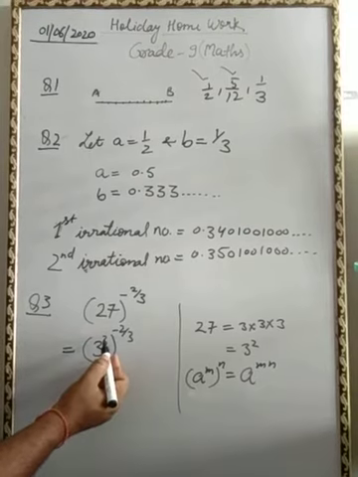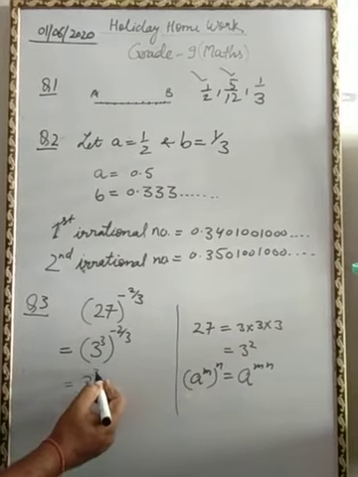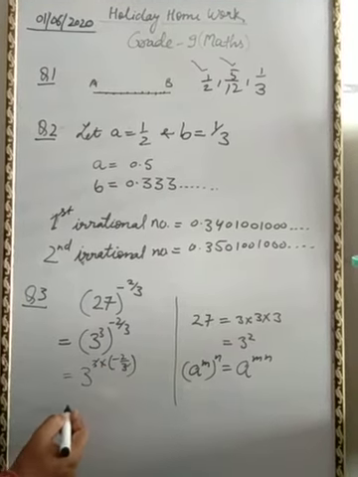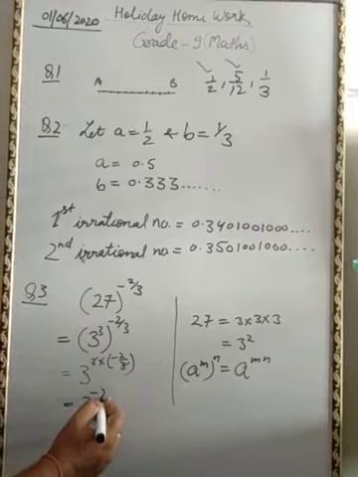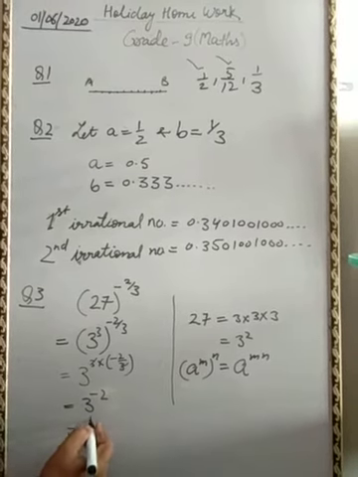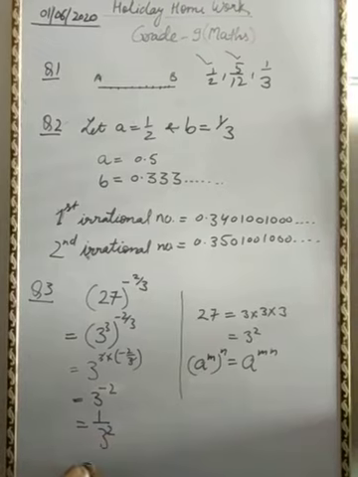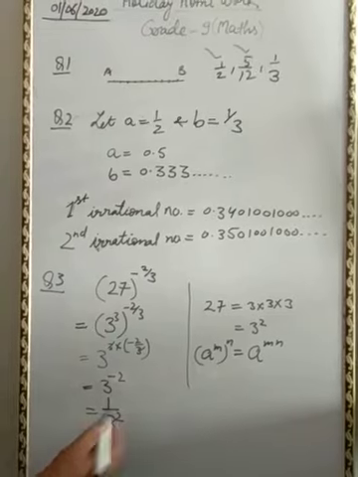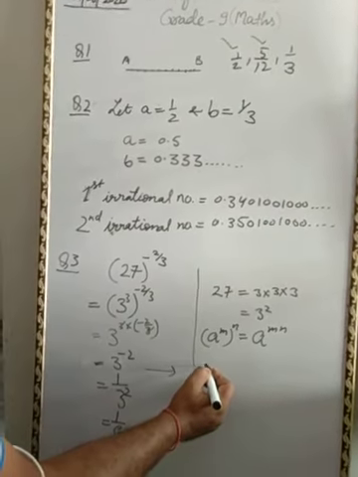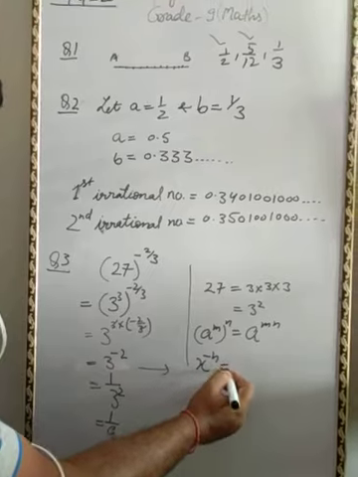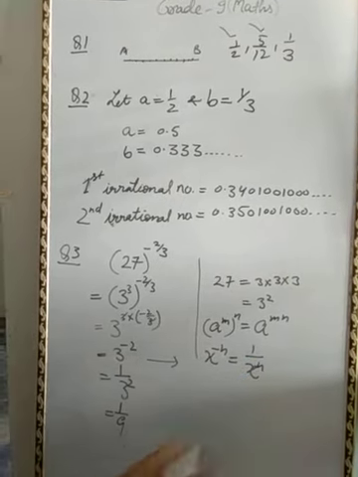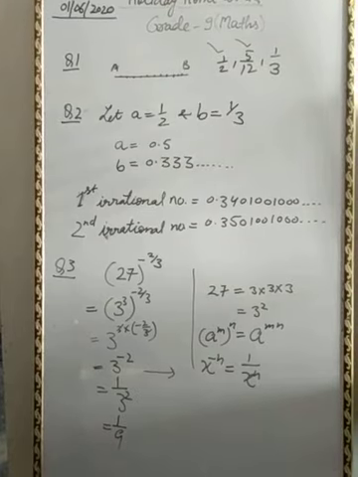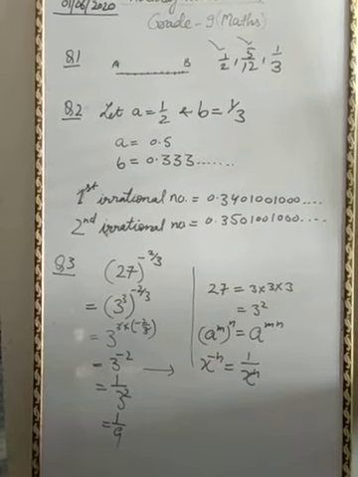Then this will be 3 power 3 into minus 2 upon 3, this 3 cancelled, and this will remain as 3 power minus 2, and you may write this as 1 upon 3 square, and this is 1 upon 9, right? Here I have used the formula x power minus n equals 1 upon x power n. Actually I am using the indices rule. In this way it is coming, right?